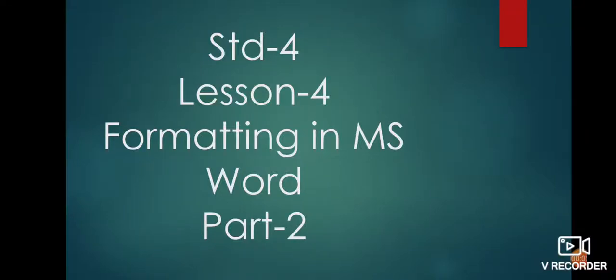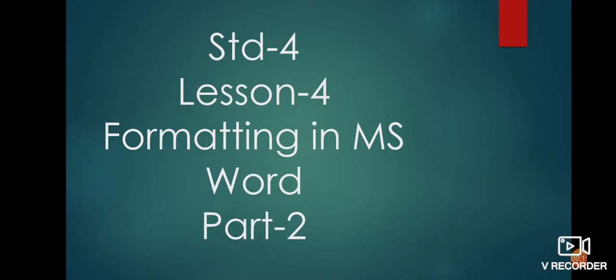Hello everyone. Today we are going to do the second part of the video on computers, and the topic is formatting in MS Word, Microsoft Word. In our last video we already read what is formatting, right?